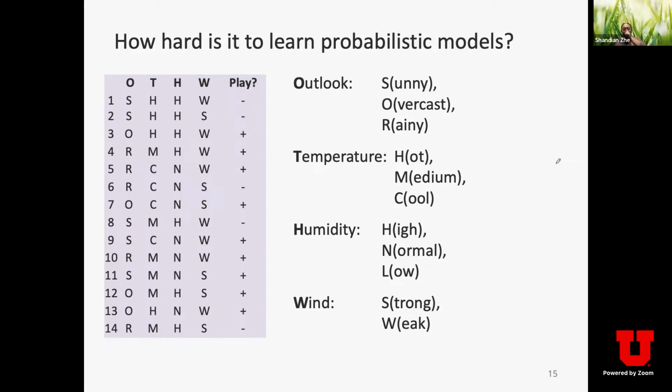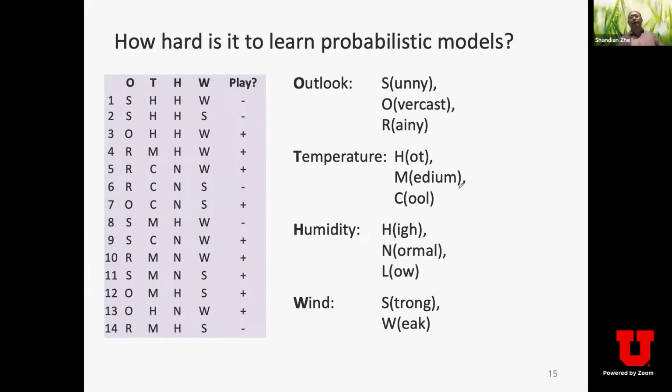We have 4 features: outlook, temperature, humidity, and wind. Outlook takes 3 possible values: sunny, overcast, raining. Temperature, 3 possible values: hot, medium, cool. Humidity: high, normal, and low. And wind: strong and weak.